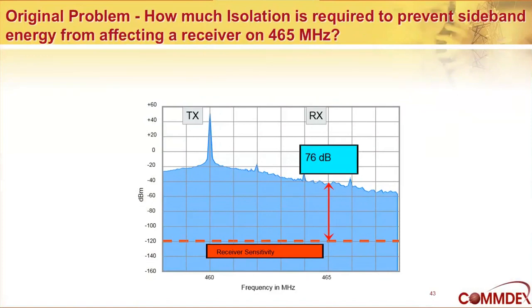Your numbers may vary, but the blue curve says that we have a transmitter at 460, and if we look at the emission of the transmitter 5 megahertz away at 465, and we look at where our signal level is there, our receiver at 465 wants a signal that is 120 dB below. Minus 120 dBm is our receiver sensitivity.